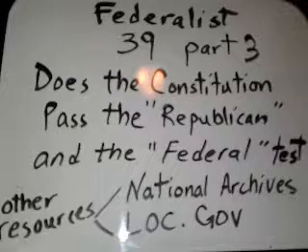Okay, paragraph 4: On comparing the Constitution planned by the Convention with the standard here fixed, we perceive at once that it is, in the most rigid sense, conformable to it. The House of Representatives, like that of one branch at least of all the state legislatures, is elected immediately by the great body of the people.